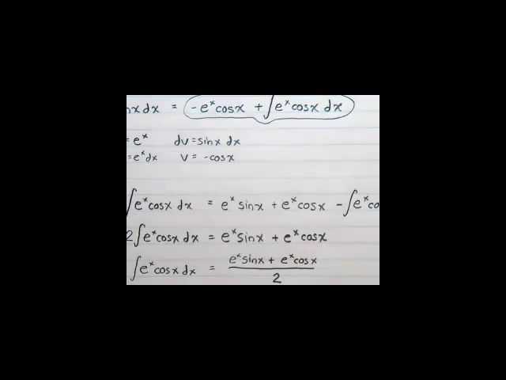Actually evaluating an integral, right? I used the fact that the integral I was trying to find popped up in the answer, so I just added a multiple of it over to the other side to answer. Right? It's done. Oh, except plus c. But yeah, okay.